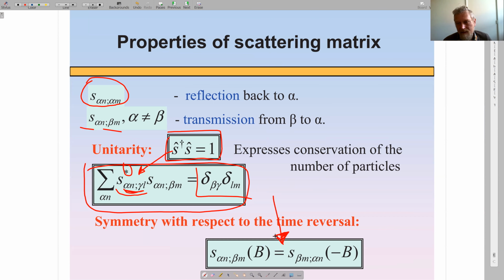So the magnetic field changes sign upon time reversal, and this is an available tool to break time reversibility in electron transport. Fine.